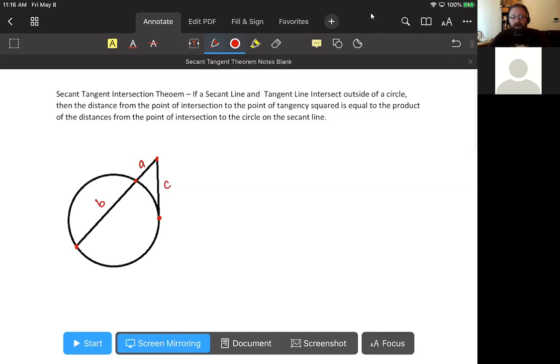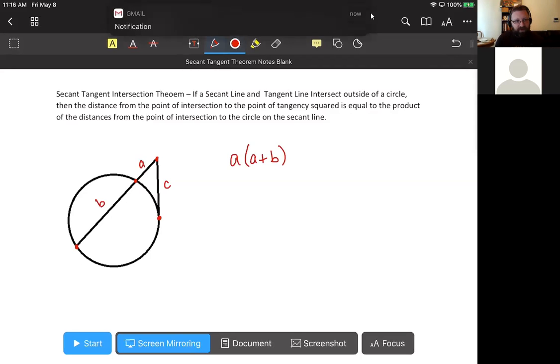Now this is a very similar rule to the one we discussed on Wednesday. In fact, one side of the equation is exactly the same as the one we discussed on Wednesday, because the portion of the secant line that is outside of the circle times the entire length of the secant line is equal to the length of the tangent portion times itself.